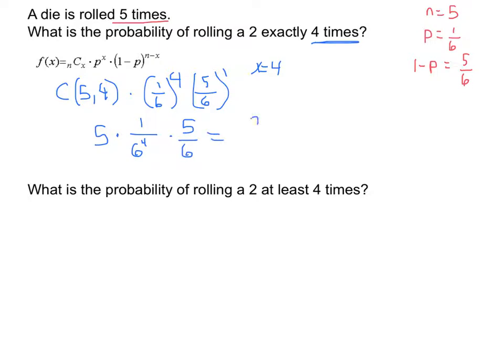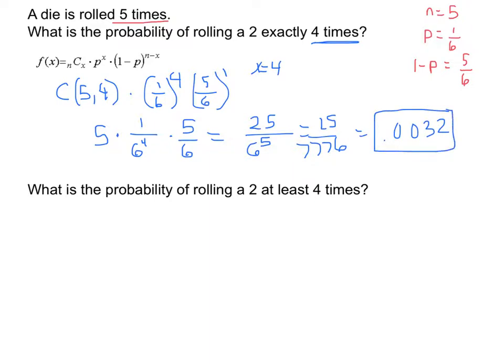This is going to give us 25/6 to the 5th. Well, we go over to our calculator, and what we get is 25/7776. And if we do 25 divided by 7776, we get 0.0032. So that is the answer to the first part of the problem.